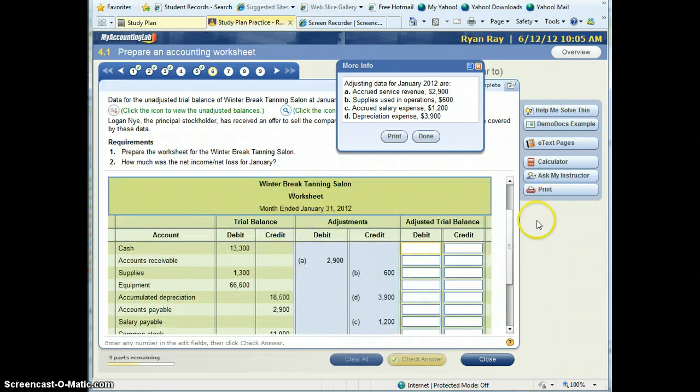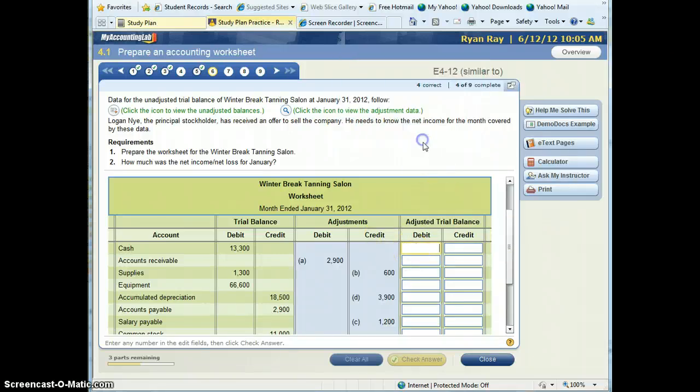Alright, the adjusted trial balance is simply where if an amount doesn't have anything in the adjustment column, we bring it over directly as it is. If it has an adjustment, we have to adjust for it. Okay, so in the first instance here, I'm done with the entries. We've got cash. There's nothing that happened to it, so we just bring the 13,300 over to the adjusted trial balance.